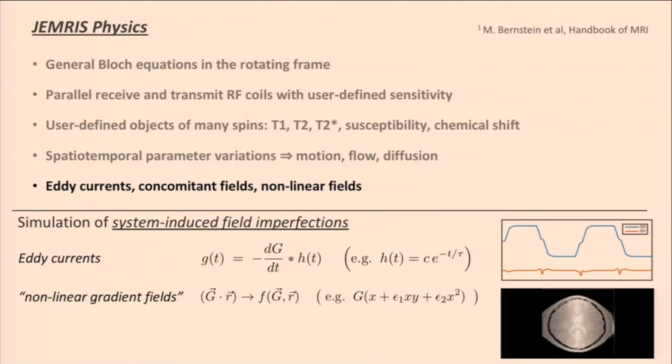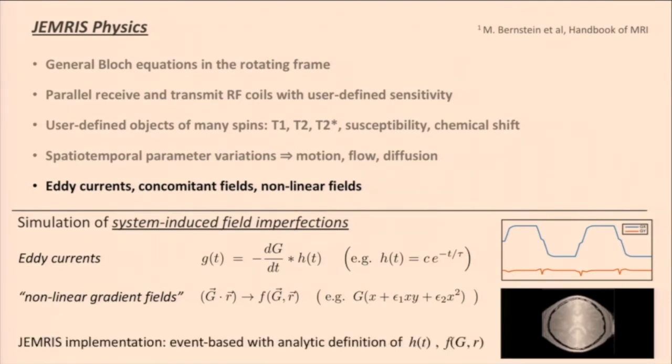We typically have some warping of the images done directly online on the scanner. If you turn it off, you will recognize that your images are heavily distorted since there are some gradient nonlinearities involved. All this can be very easily simulated in GEMRIS, even on an event basis.